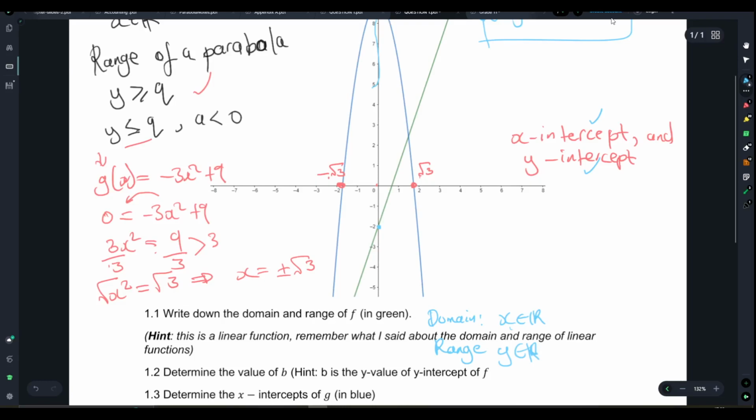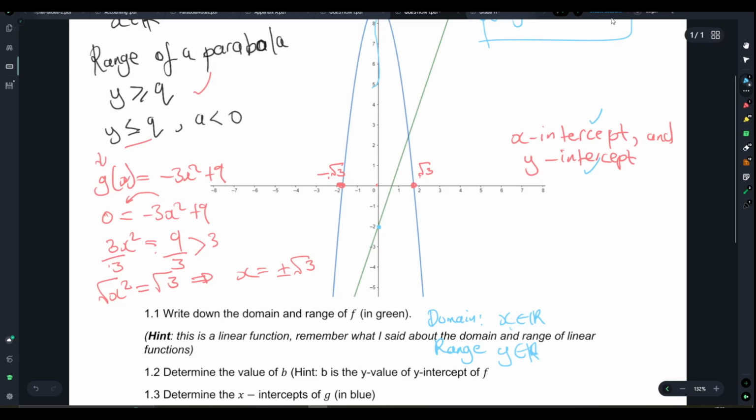X-intercepts, it's square root of 3 and 0 and minus square root of 3 and 0. Let's look back. Yes, those are okay. Let's continue.